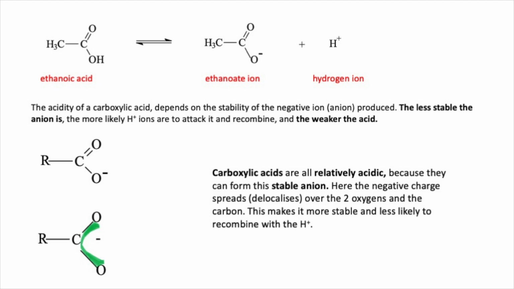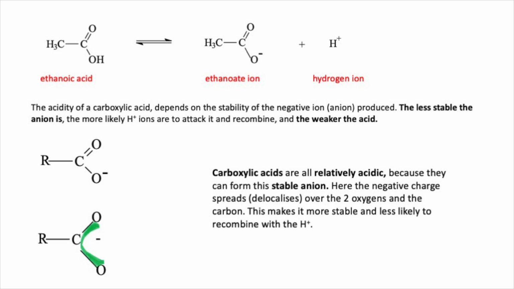Therefore, the ions produced by carboxylic acids are more stable than phenoxide ions, so they're less likely to be attacked by H+s, there are more H+s in solution, and carboxylic acids are more acidic than phenol.